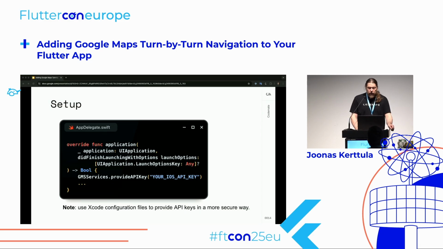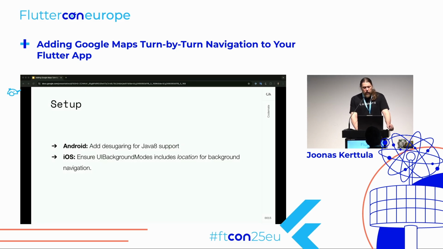And for Swift, you have to provide the API key in the app delegate, and for that you should also find a secure way which fits your own development process to pass the key to this method.